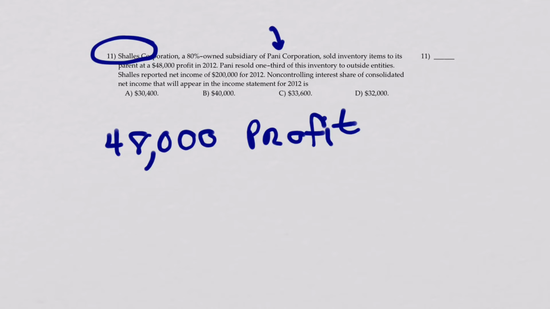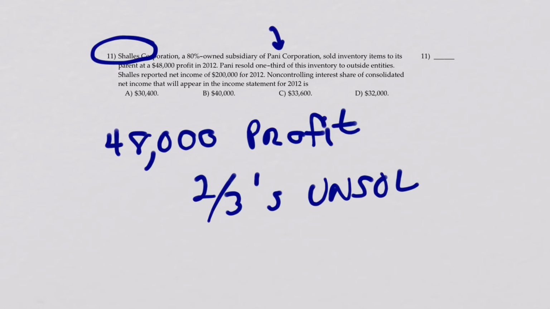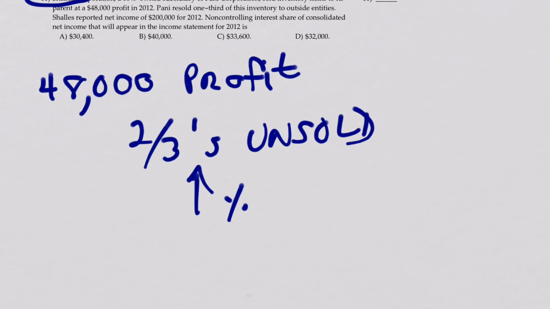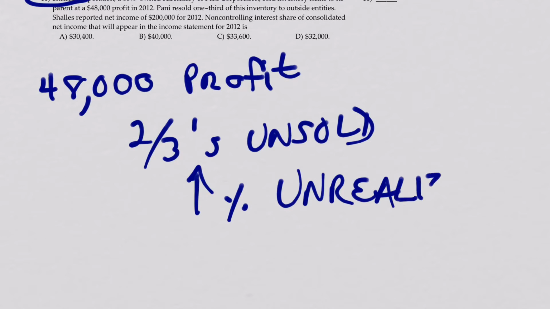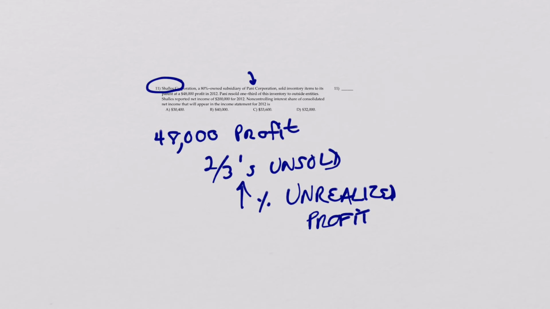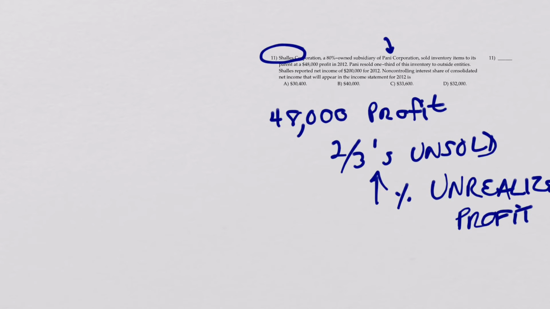The parent resold 1/3 to the outside, leaving 2/3 unsold, if I'm doing my math right. And that means 2/3 represents the percentage that is going to be the unrealized profit for the year. Therefore, let's take another look at the problem and see how this all works out.